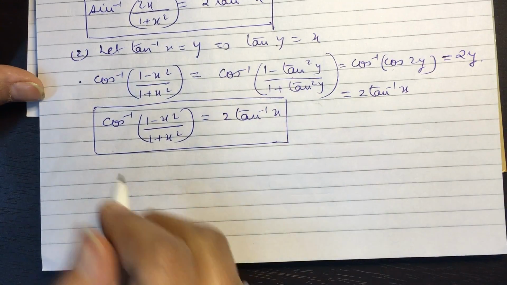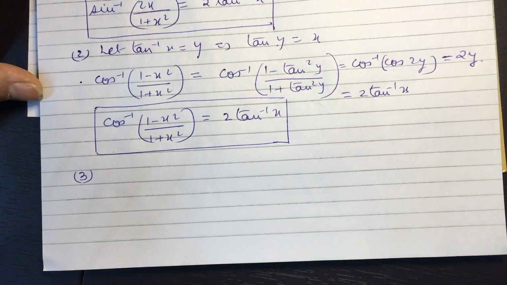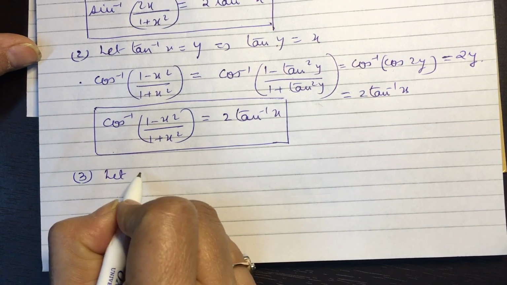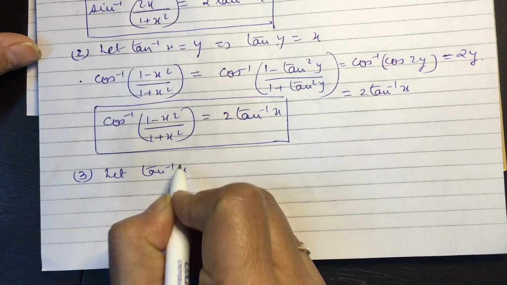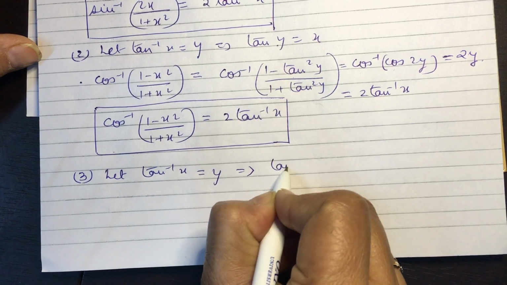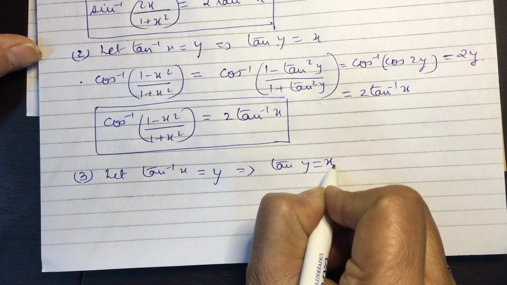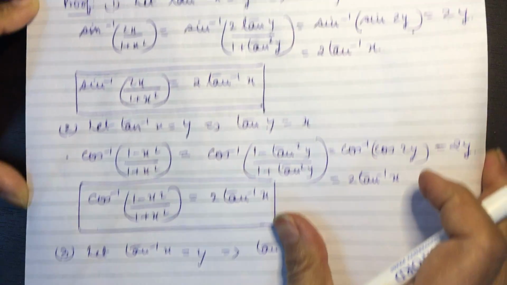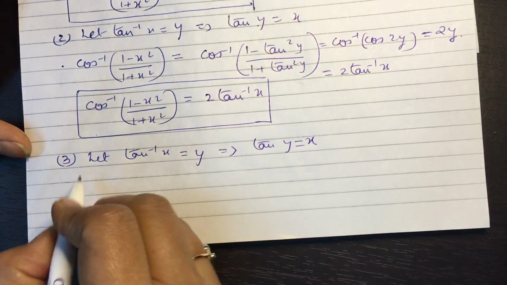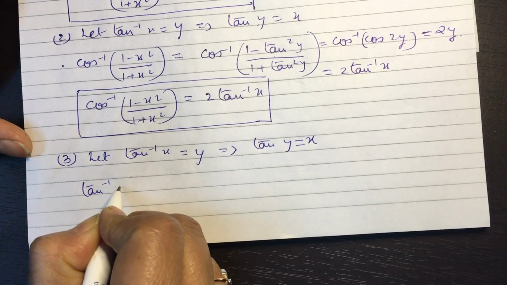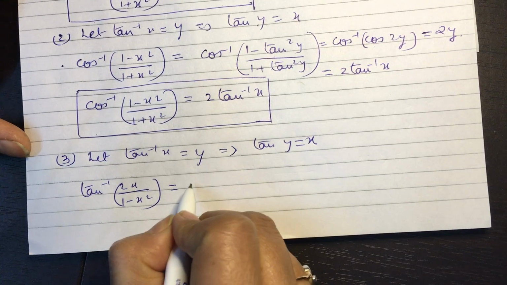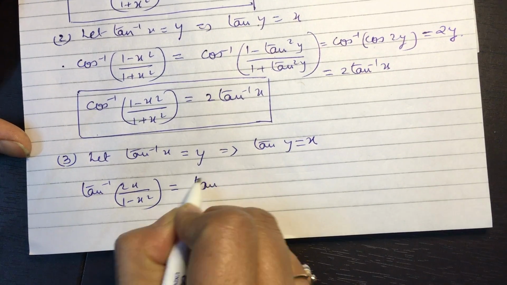Now exactly on the same lines we do the third result, that is again the same way. Let tan inverse x equal to y, which gives us tan y equal to x, and substituting in the right side of this, that is tan inverse of 2x over 1 minus x square, will give you tan inverse.